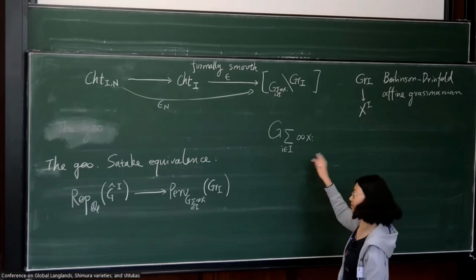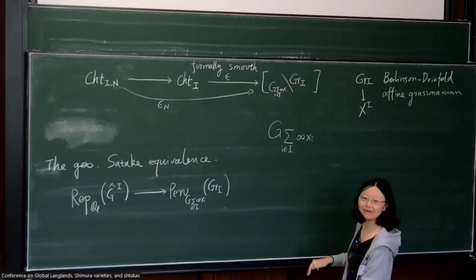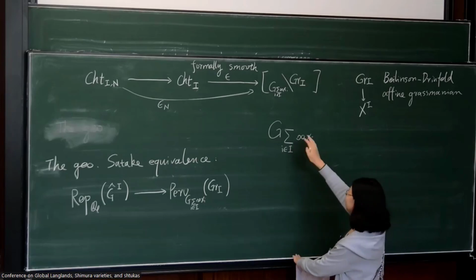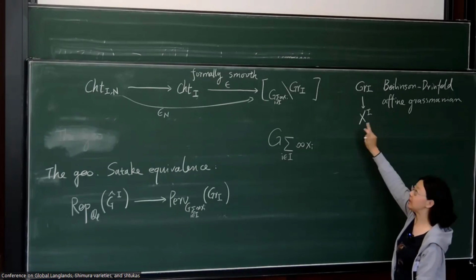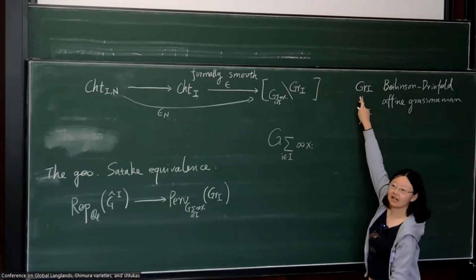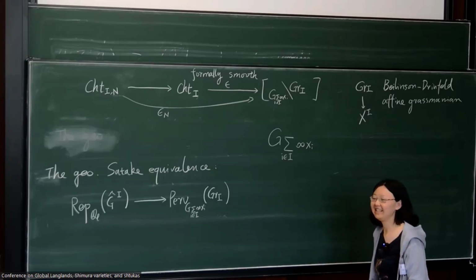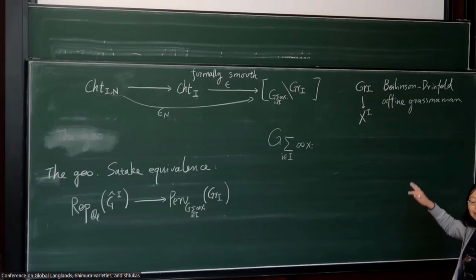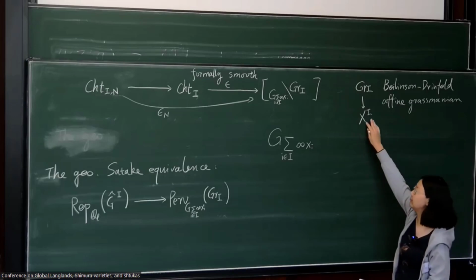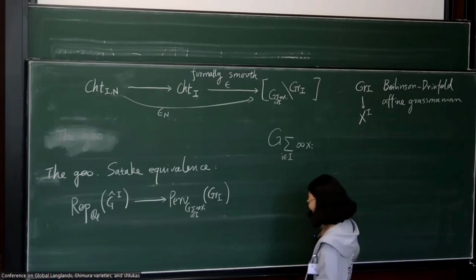It's not important for our talk. It's just a group scheme over X^I, which acts on this. It's a positive loop group, and we already talked about this in my course in May.